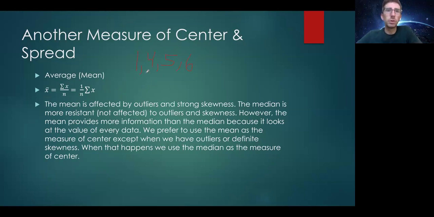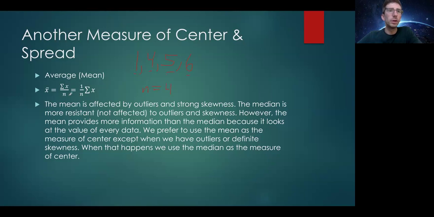So we have a small sample. We have 1, 2, 3, 4 numbers in our data set, so our n, or our sample size, is equal to 4.